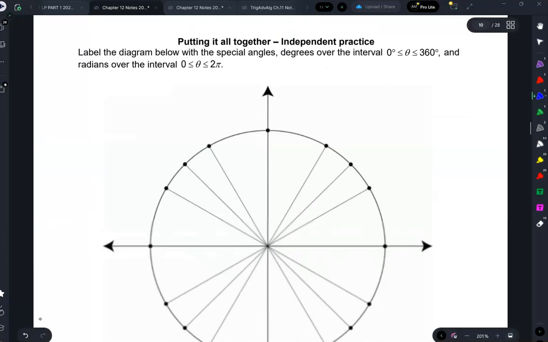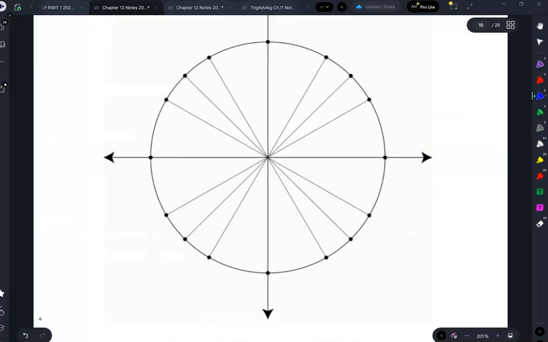Okay. So putting it all together, if I put in my quadrantal angles in degrees, this is 0, 30, 45, 60, and 90. So what you notice is the difference is you go up 30, up 15, up 15, up 30.